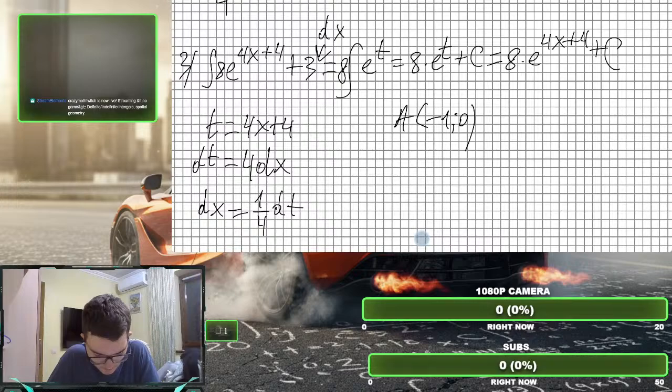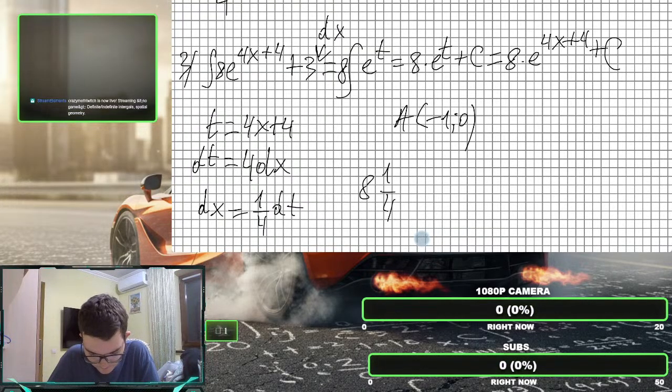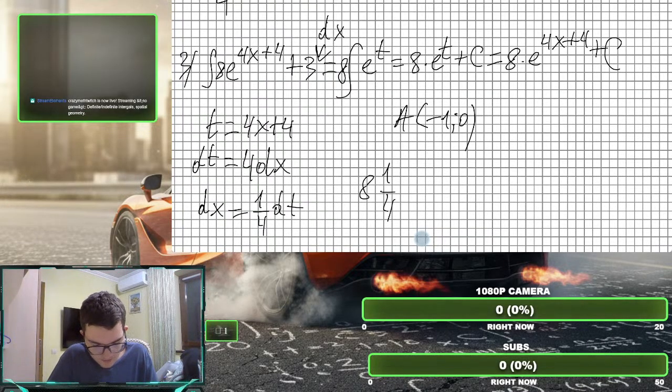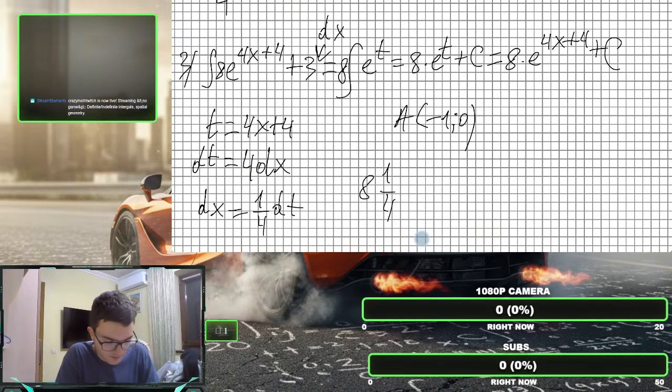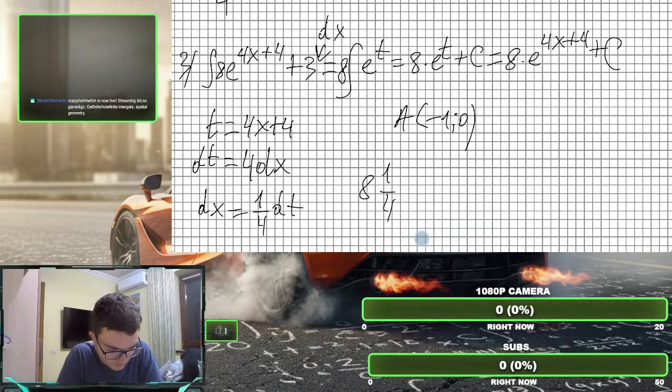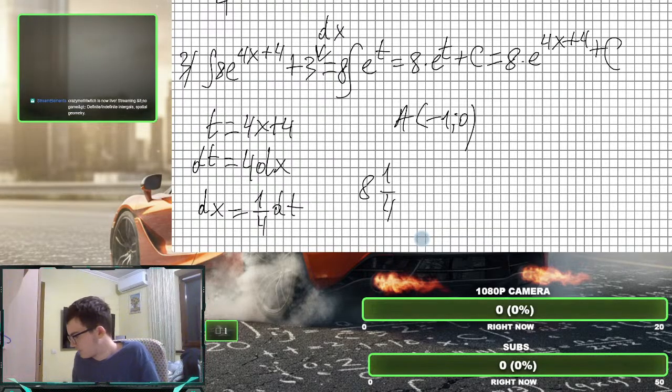So you see where's the 1 divided by 4, so you put it up front, and there is just e to that power, but it tells me that I found an integral of a number that's basically nothing, but looks like it's actually something from the tables here. So let me see.